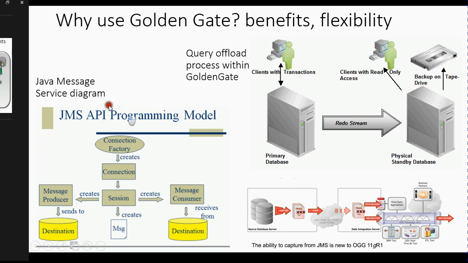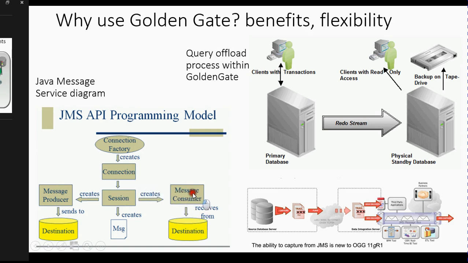And this is also a diagram of the Java Message Service system. This is what the API looks like inside. I wanted to point this out because I thought it was interesting that Oracle really emphasized this capability.